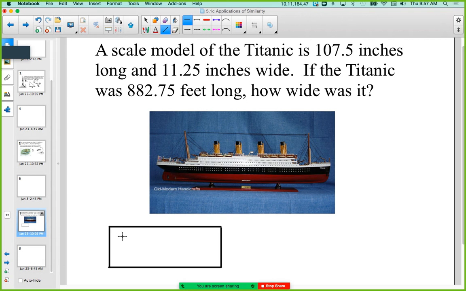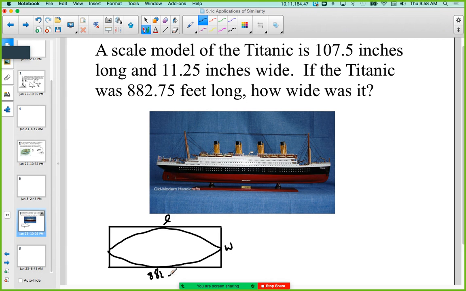Now, if I were looking from above, the Titanic would actually kind of fit into a rectangle that looks like this. Okay? Where the longer side would be our length, and then the shorter side would be the width. Now, we know the length. They give us the length. It's 882.75 feet. 882.75 feet. Okay?